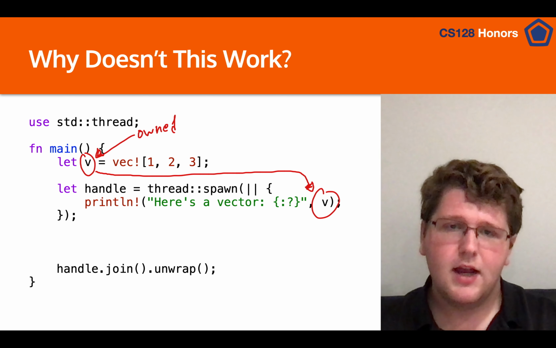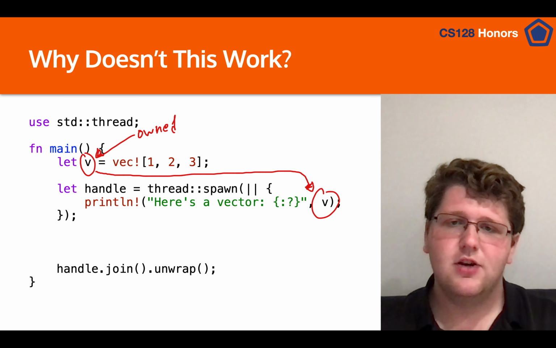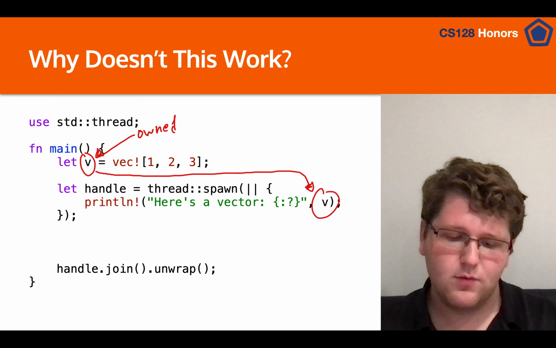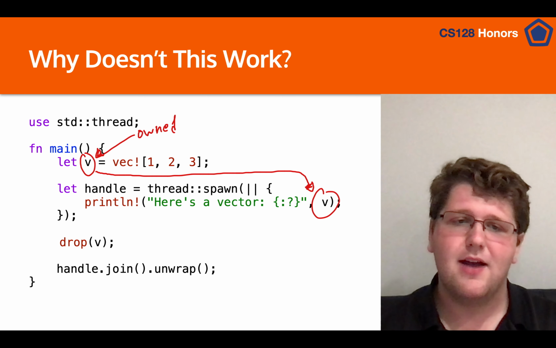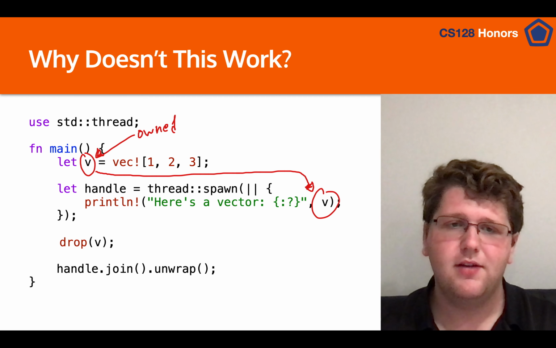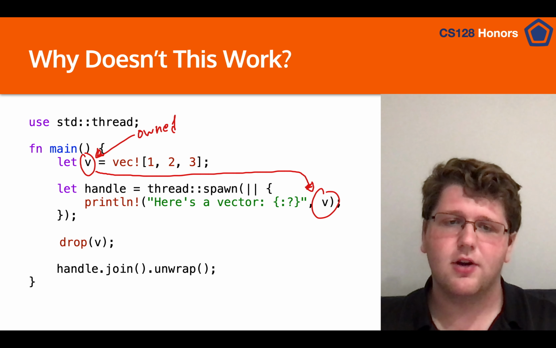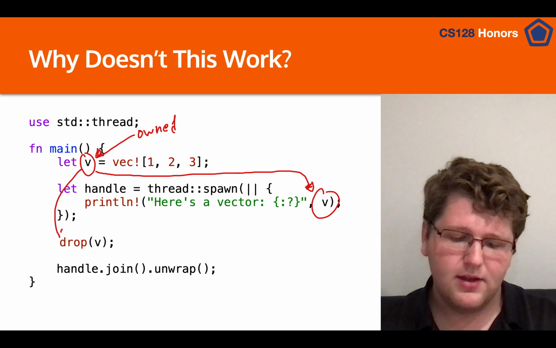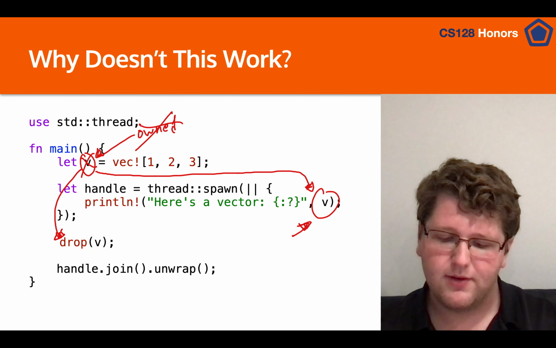Now we need to go back to our main function while this second thread is running. We're now going to have a new line in here that will drop v. In case you don't know what drop does, it will release the memory for v and mark it as no longer in use. So now this v down here is not going to be owned anymore by this function, and it's no longer going to be valid here.